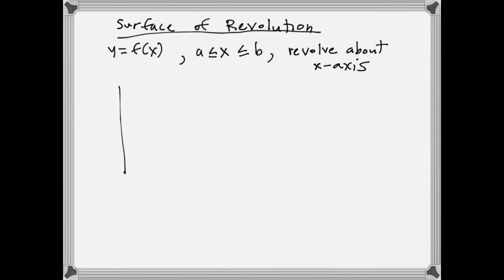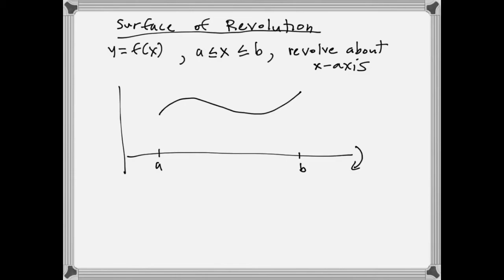So let's look at what we have here. Let's say that it looks like this. This is A, and this is B. And so if you were to take that curve and revolve it around the x-axis, you would end up with something that looks like this. Hold on, I'm trying to draw this well here.